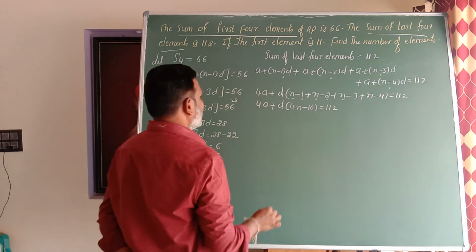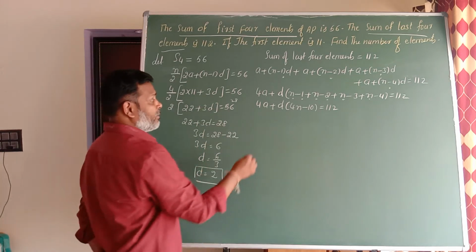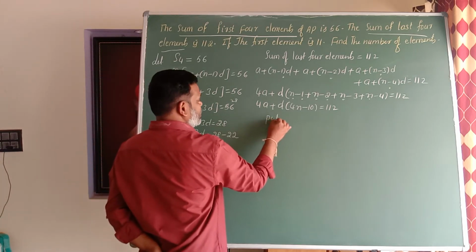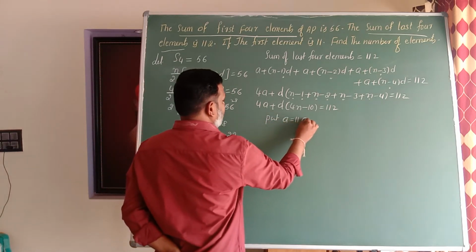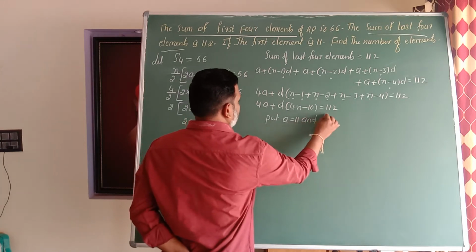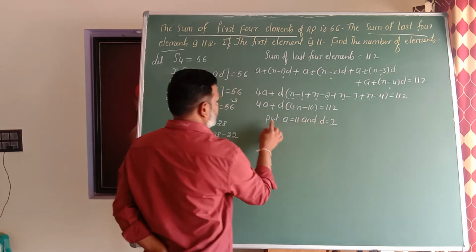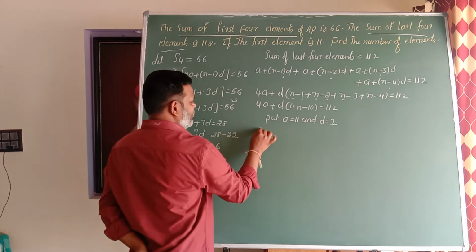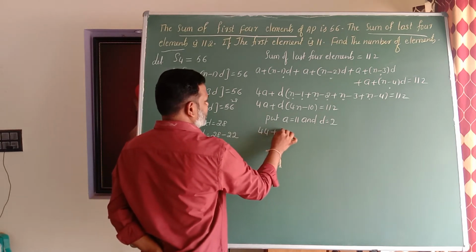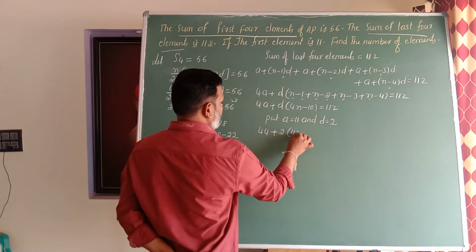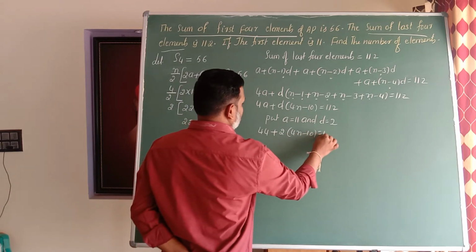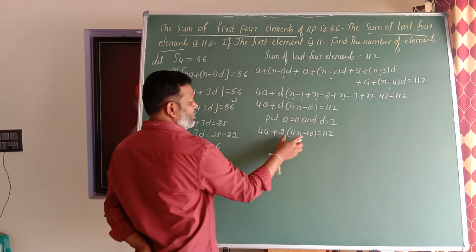Now put a is equal to, what is a? a is 11. Put a is equal to 11 and d is equal to 2 here. So 4 elevens are 44 plus d is what? 2 into 4n minus 10 is equal to 112. Now we want the value of n.